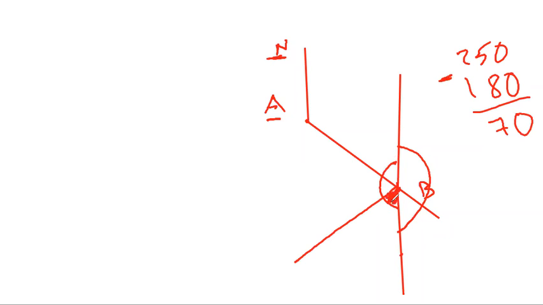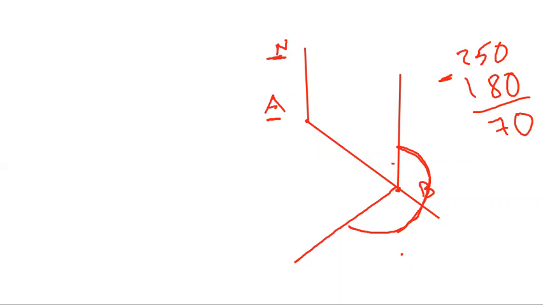So 180 and 70 together equals what? 250. So this angle now is 250. Understood? Yes.